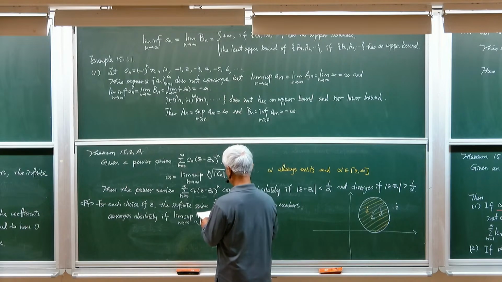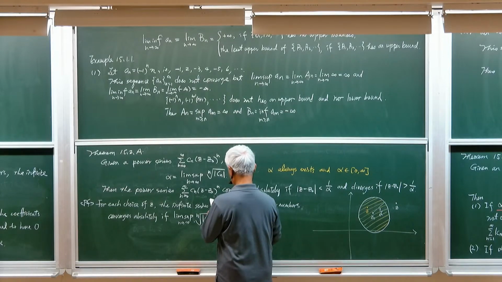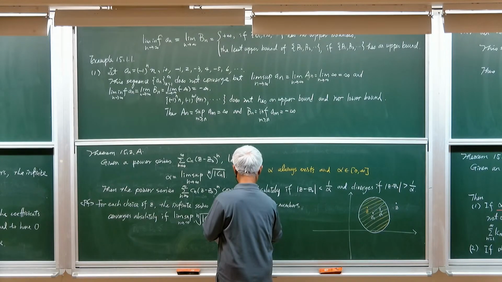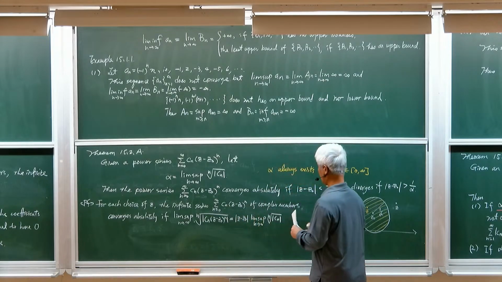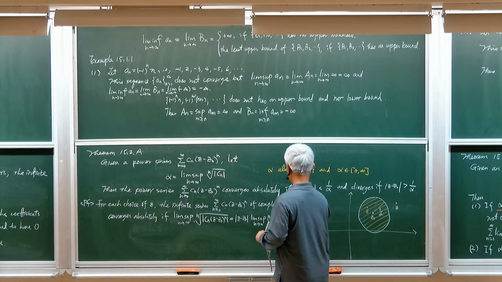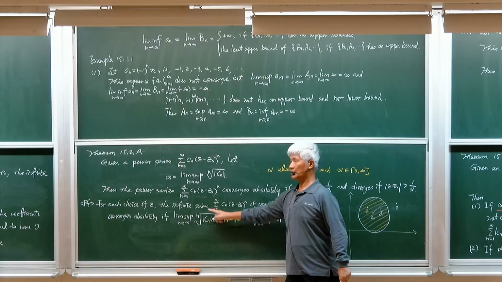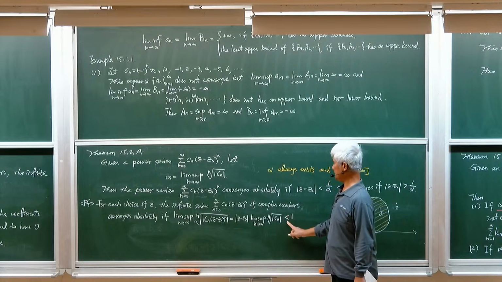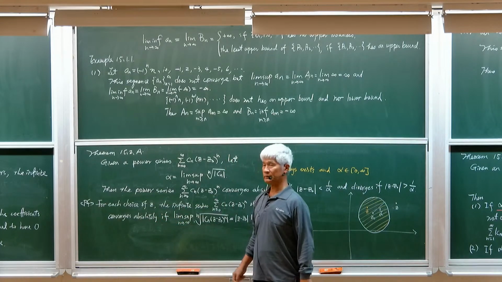We compute this: it is equal to |z minus z0| times the lim sup as n goes to infinity of the nth root of |Cn|. And this must be less than 1. So if the lim sup of this quantity is less than 1, then the infinite series converges absolutely.